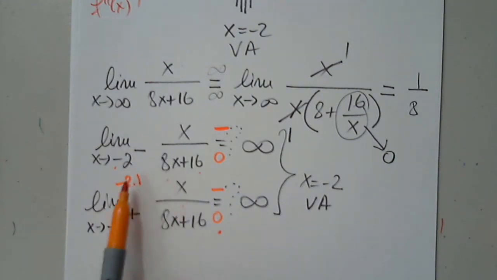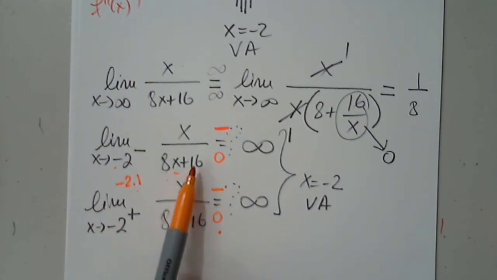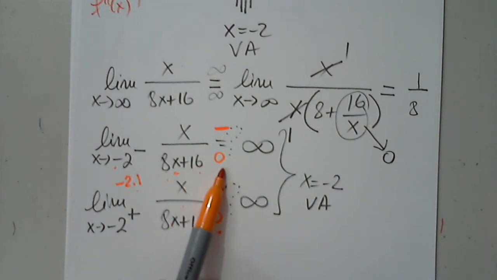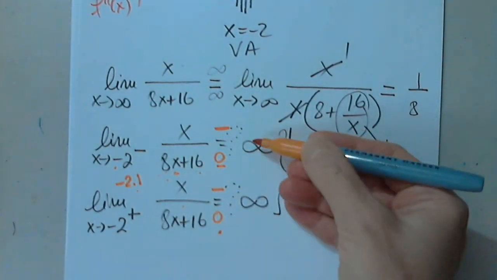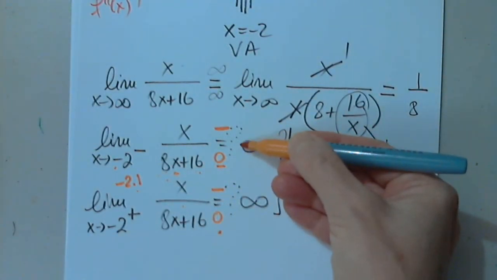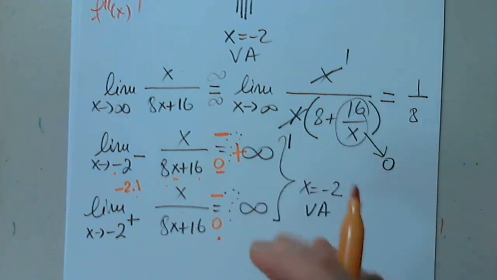So -2.1 times 8 plus 16. Just give me the sign of this. Negative. Which means, what is the sign in front of the infinity then? Positive. That's it. Because I have negative at the top and negative in the denominator.